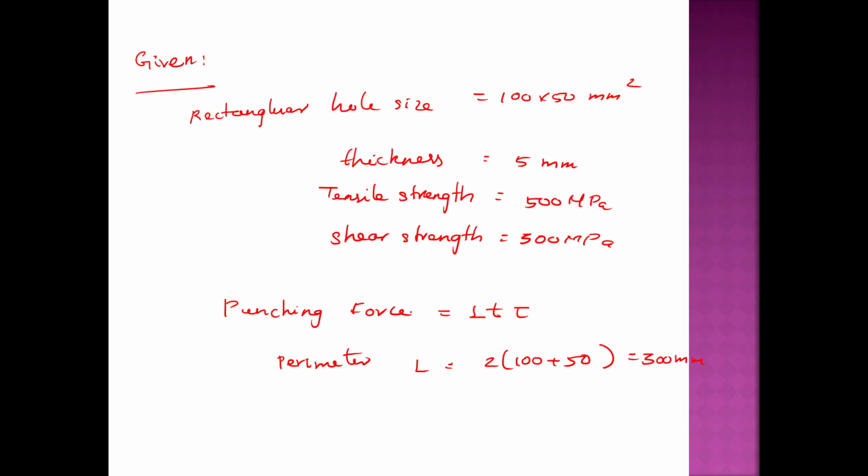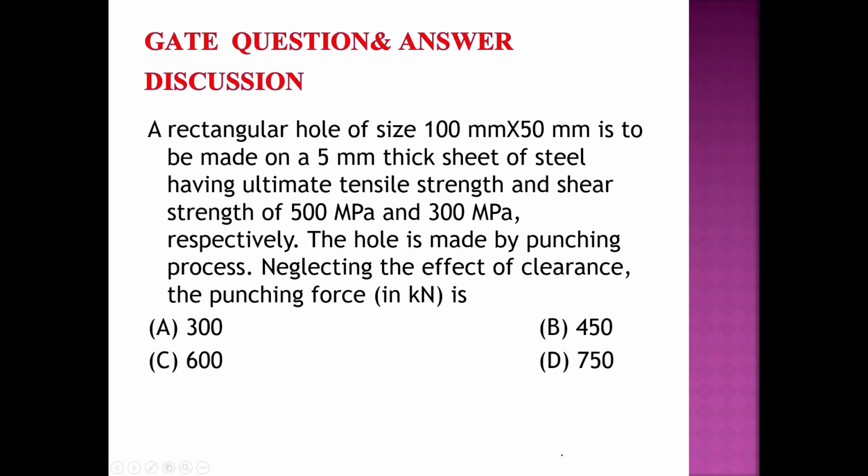So the punching force F is 300 into thickness 5 mm and ultimate shear strength 300. So it is 450 kilonewton. They are asking in kilonewton, so the answer is B.